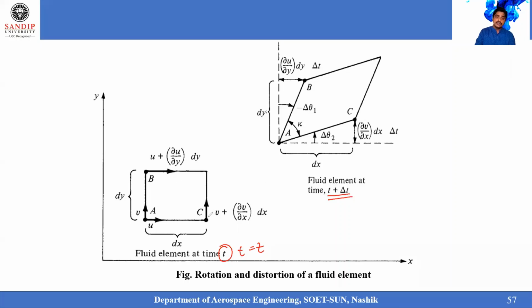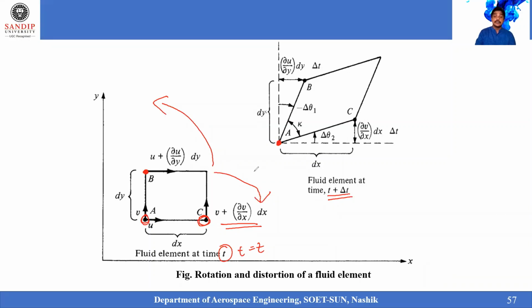At an instant of t plus delta t, because of the change in the velocity happening from the initial point A, the initial point A remains at the point A only. But because of the increment in the velocity at this particular point C, the fluid element started rotating in this direction, and because of the velocity change at this particular point B, the fluid element started changing.